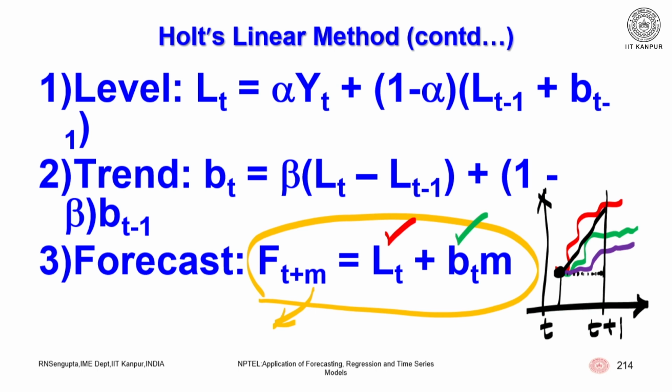Now, the level is given by L_t for time period t, which is equal to alpha times y_t, and remember alpha is not the weight for forecasting, alpha is some other weight here, which is assigned to y_t. Because the sum of the weights is 1, it will be 1 minus alpha times the level at time period t minus 1 plus b_(t minus 1).